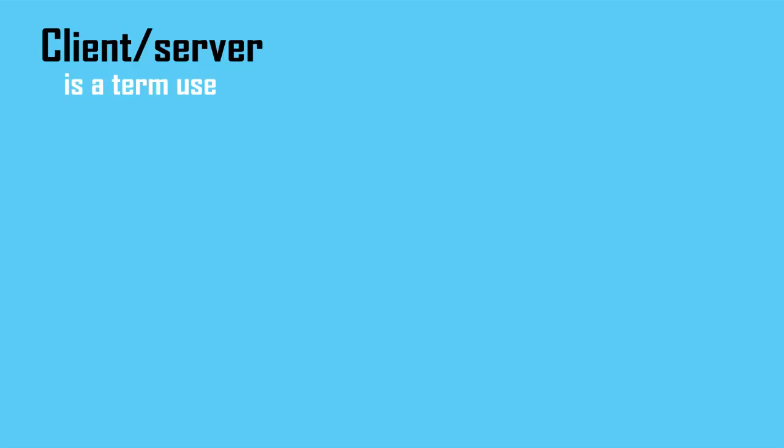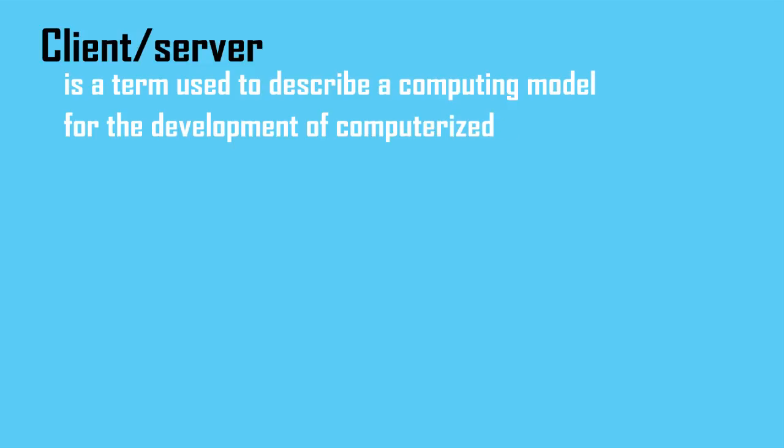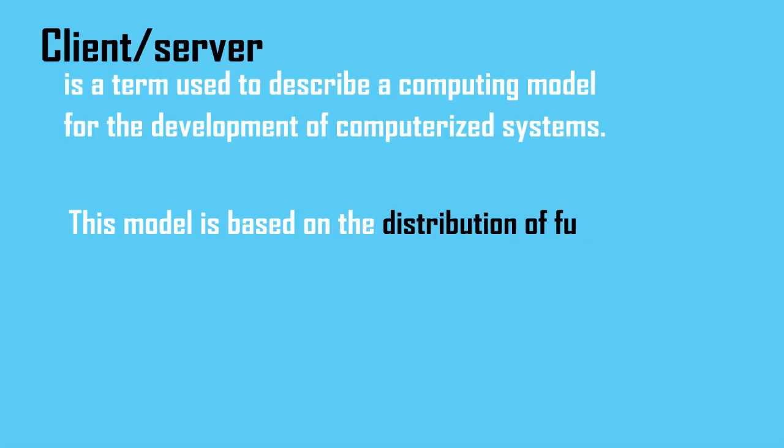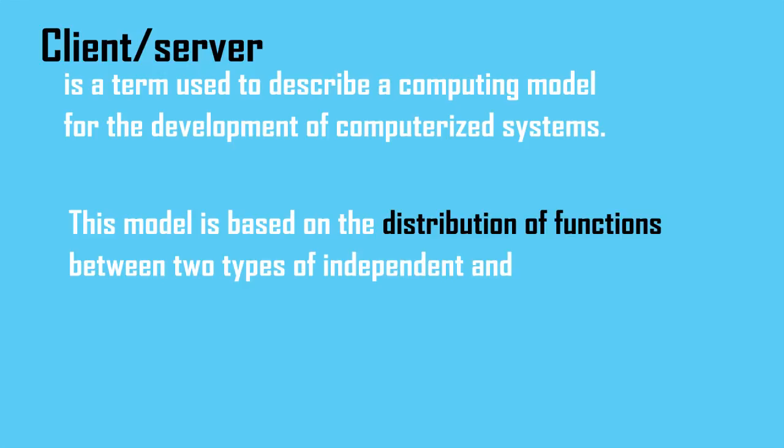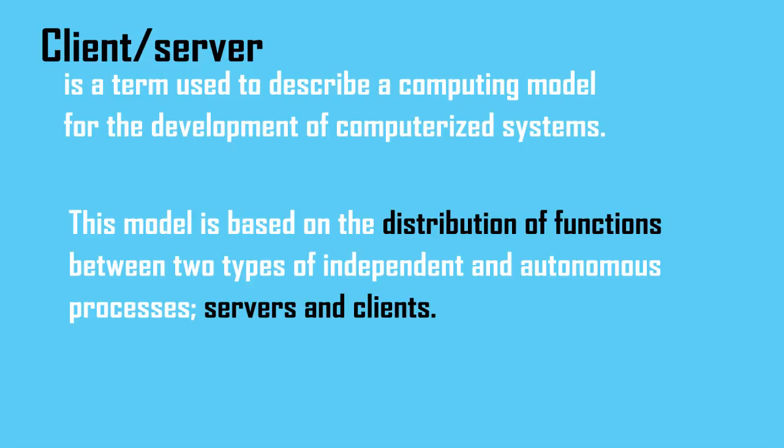So what is a client-server? A client-server is a term used to describe a computing model for development of computerized systems. This model is based on distribution of functions between two types of independent and autonomous processes, that is, server and clients.